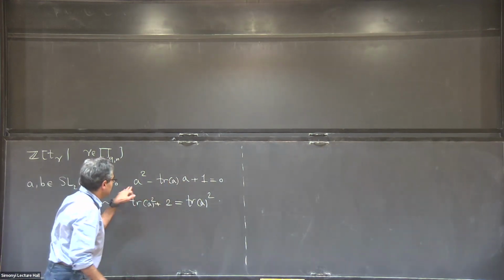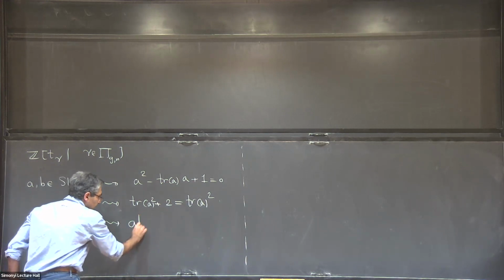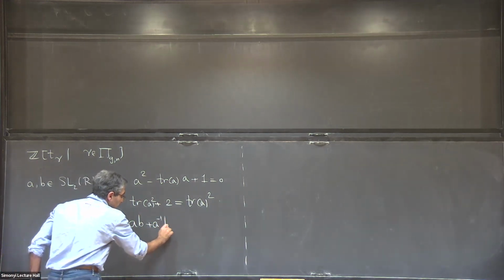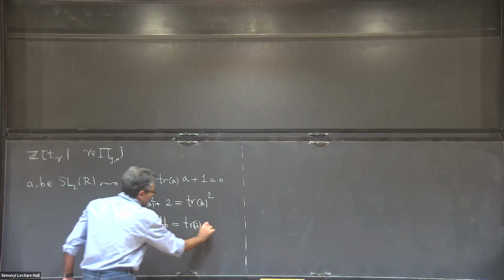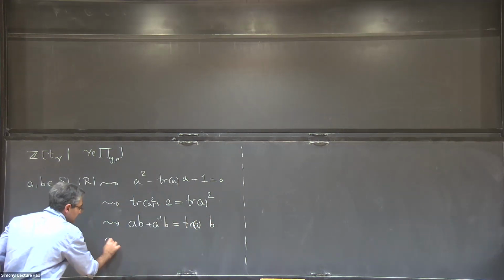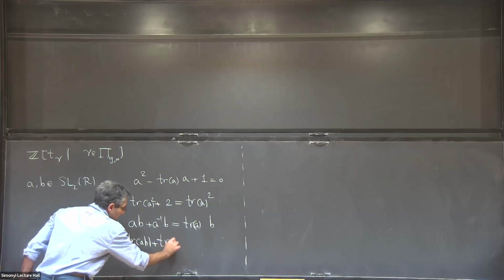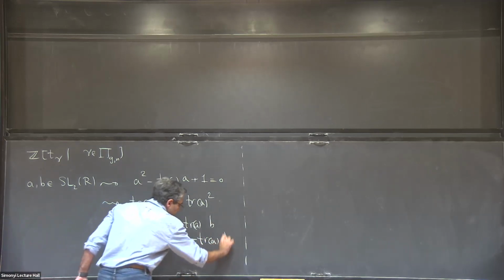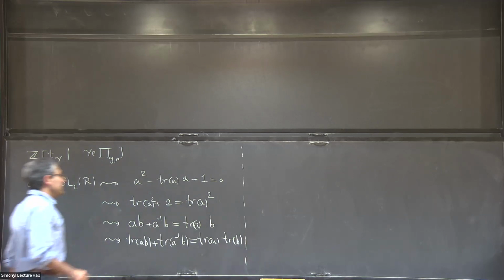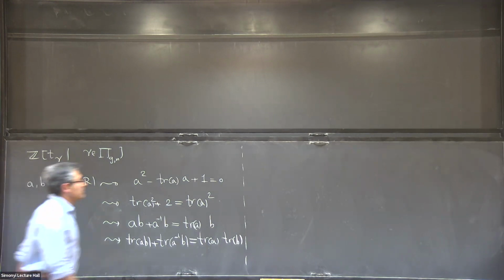The other relation I get is by multiplying both sides of this by A inverse and then B, I get that AB plus A inverse B is the same as trace of A times B, and then I take the trace of both sides, and I get what's known as a Fricke relation. So there are two obvious types of relations if I think about T sub gammas as traces.